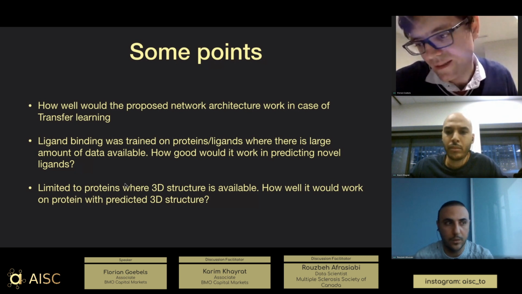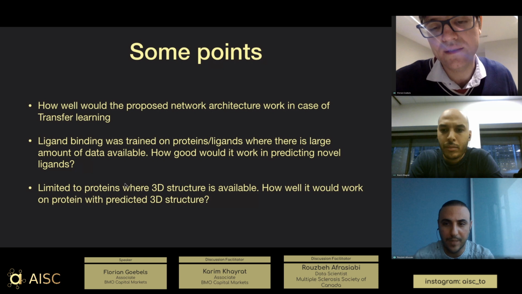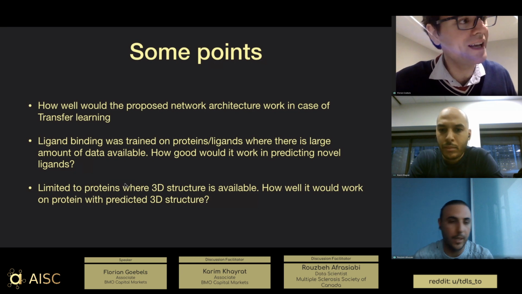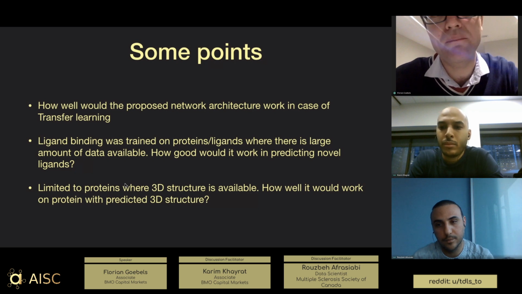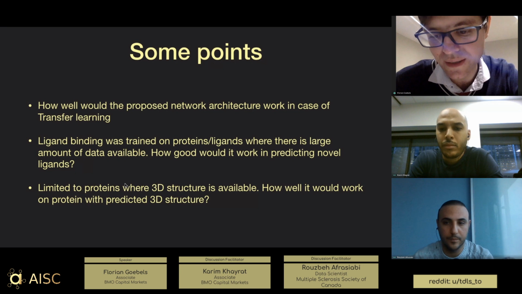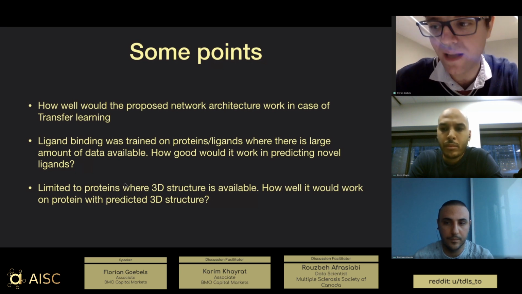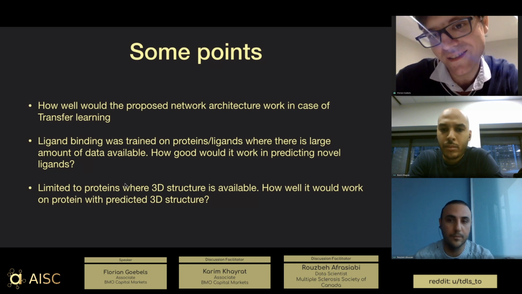So what information about the ligand are they using? They're not using any input about the ligand into the model? No. Ligand is not the input of the model. This is what I'm suggesting. If the ligand would be an input to the model, then you can put whatever ligand you want in there, right? You're not really restricted to those 7 ligands, because the model they propose works only for those 7 ligands, right?